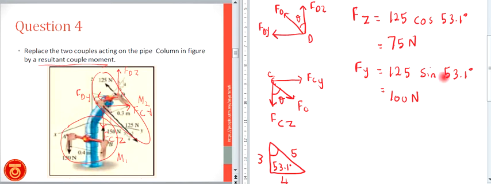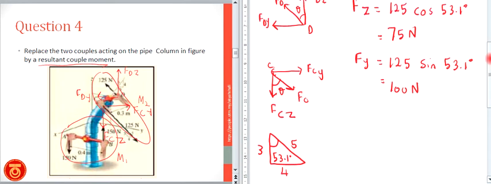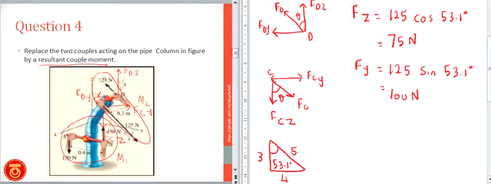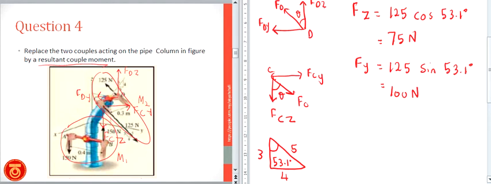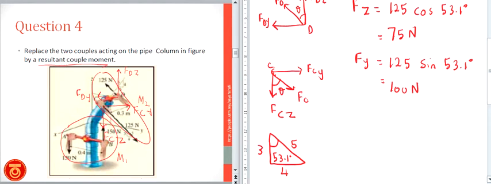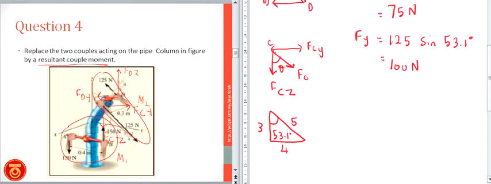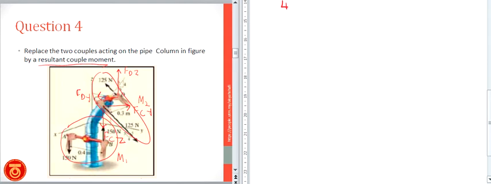Okay, and how to get the moment? I write Fz first. Okay, Fz is here.